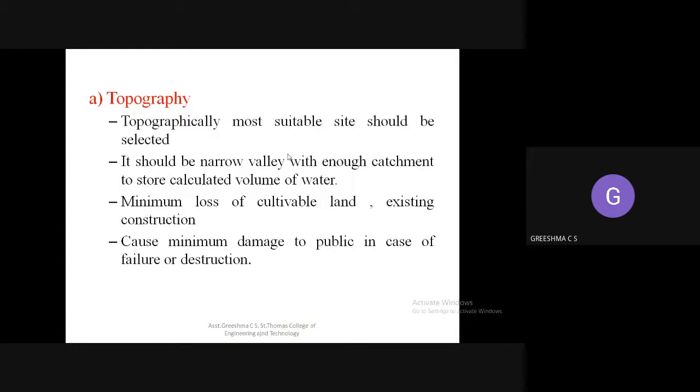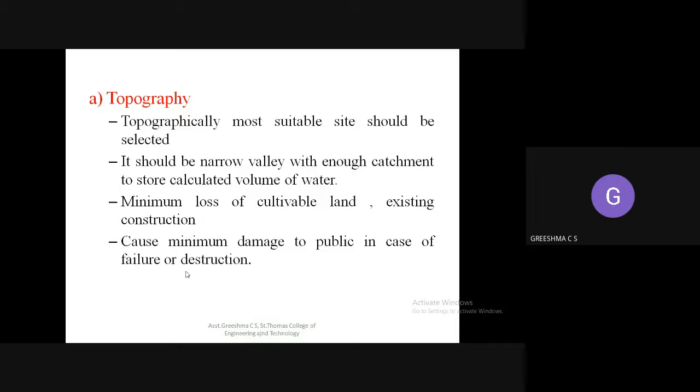There should be minimum loss to the cultivable land and existing construction, and minimum damage to the public in case of failure or destruction. While selecting a site, we should take special attention to the protection of the cultivable land. Nearby there will be a lot of agriculture, and people will depend on water from this river.